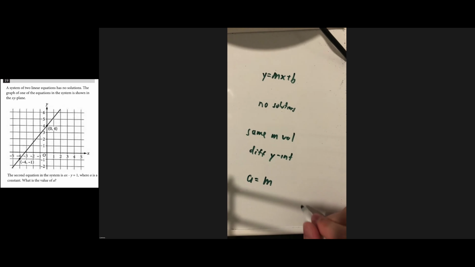Looking at the graph, we go up 5, and we go right 4. And so it's just rise over run, which is 5 over 4, which is the correct answer. That should be the slope. And this other equation should have the exact same slope.